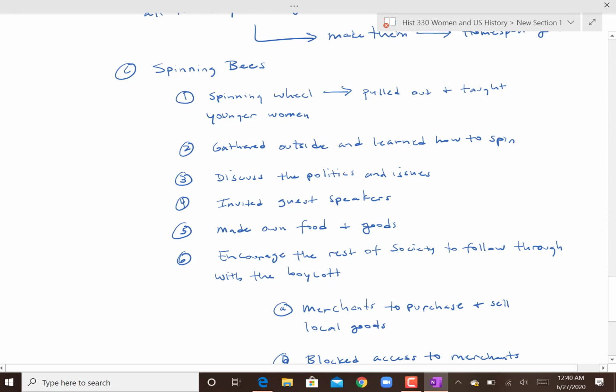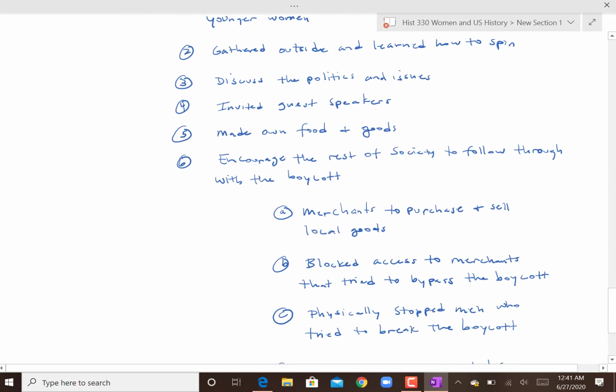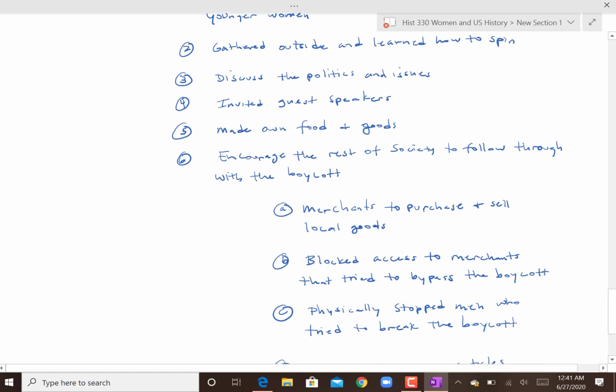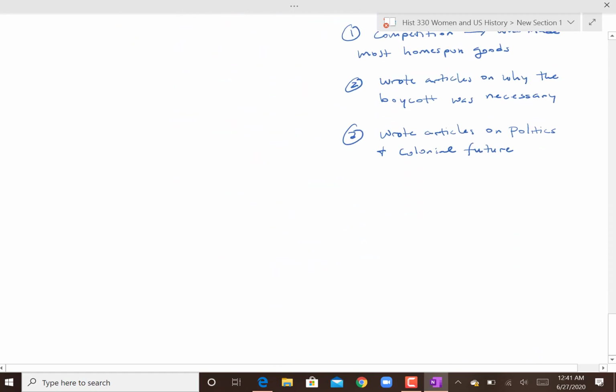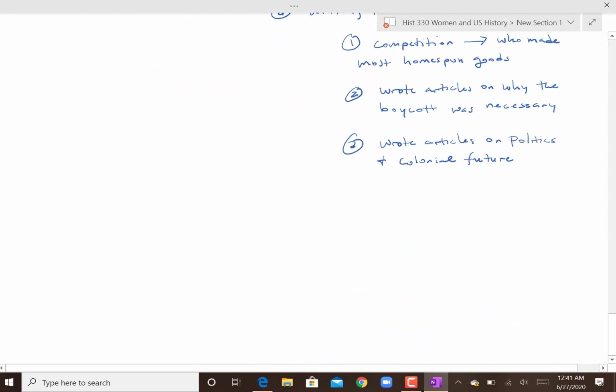Now, I mentioned I was going to talk about North versus the South and women that way. So we're going to put that as 7 here because it's still with the spinning bees. Actually, let's do D. It's with the boycotts, not so much the spinning bees. So what we talked about with the spinning bees, with the articles, with the physically stopping men, that was the northern women.